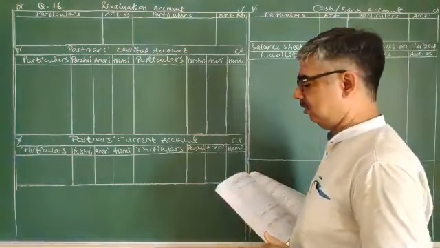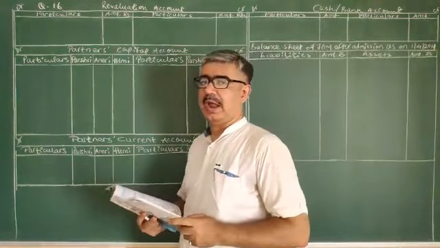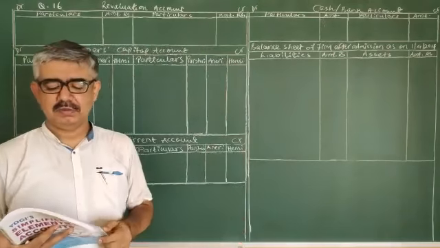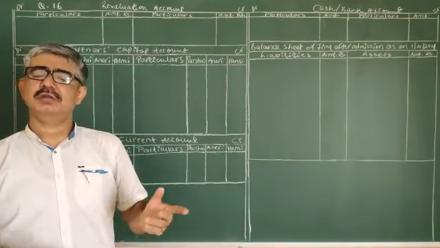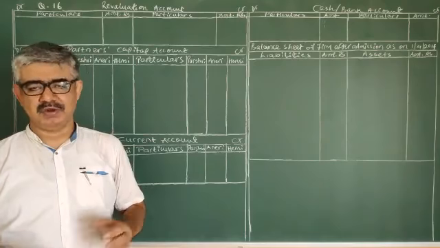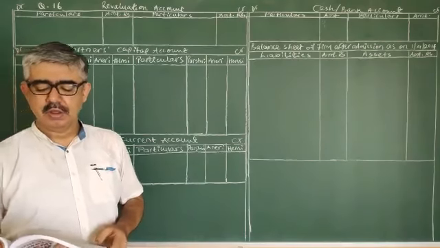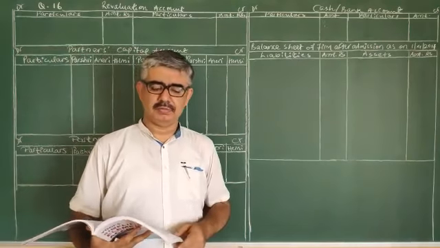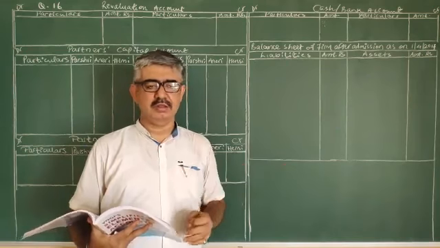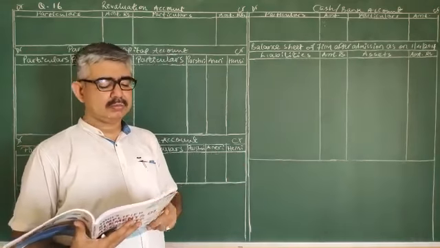Question 16. Ashri and Anani, 2 partners, share profit and loss in the ratio of 2:1. Balance sheet of that firm as on 31/3/17.